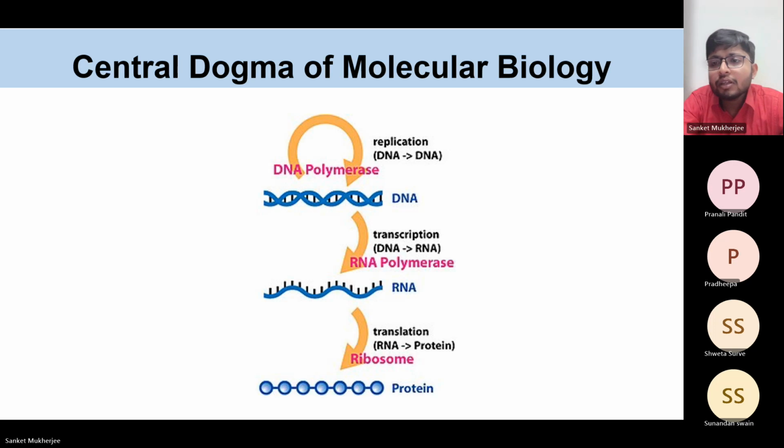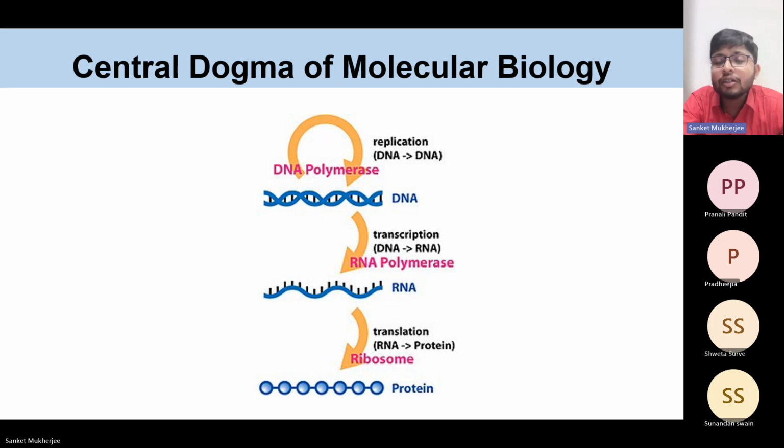So talking about the first part, the central dogma of molecular biology, I think all of you know about this. It is how DNA makes copies of itself through the process called replication. It uses an enzyme called DNA polymerase. Now this DNA forms RNA.